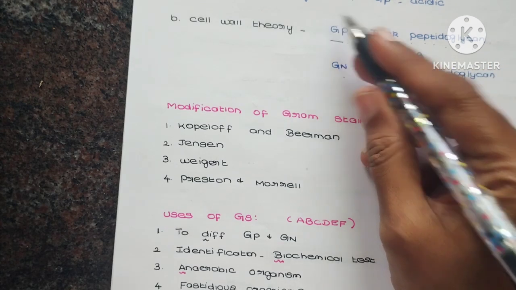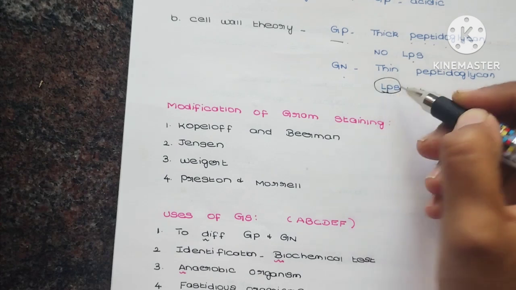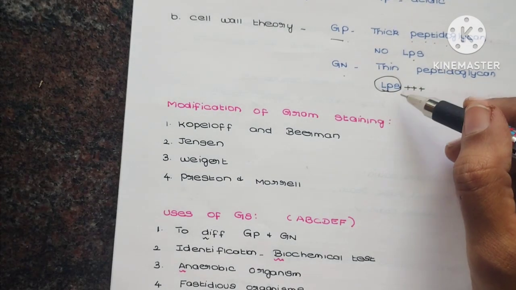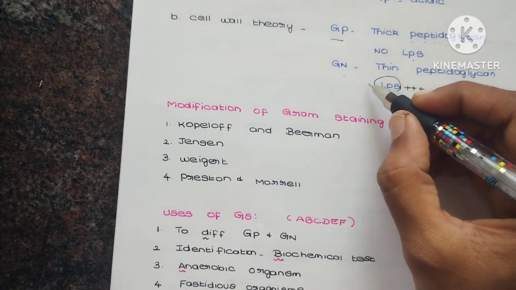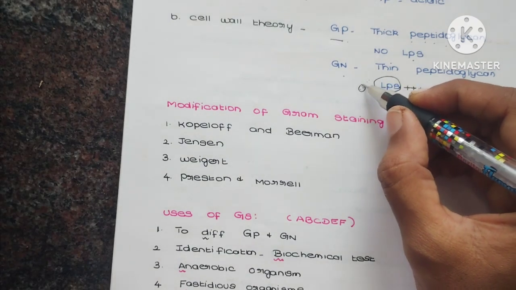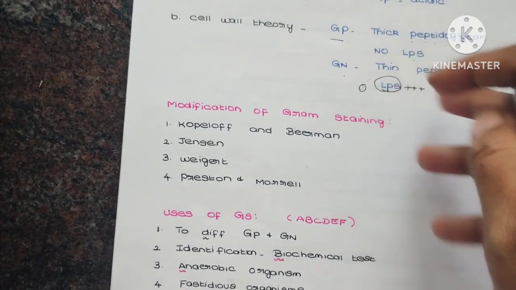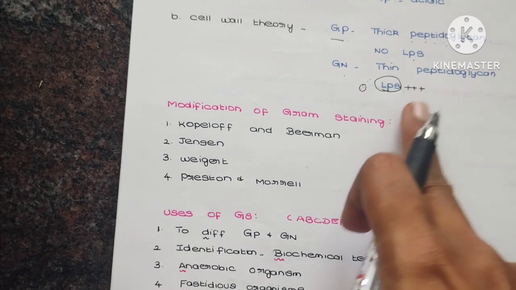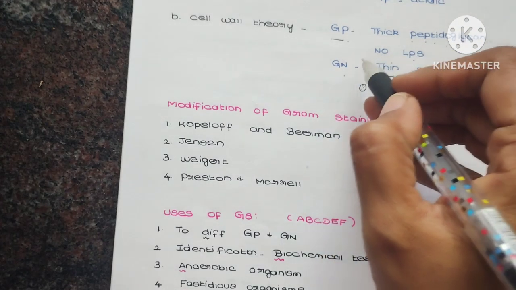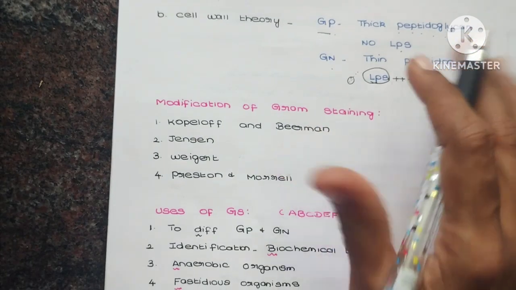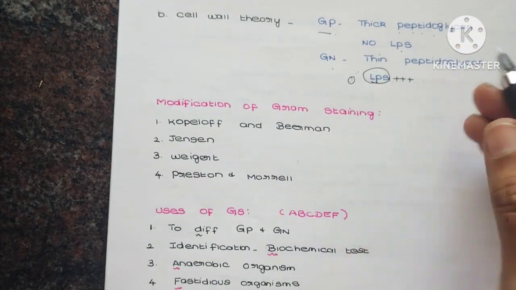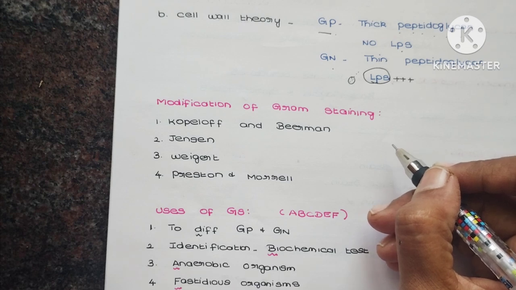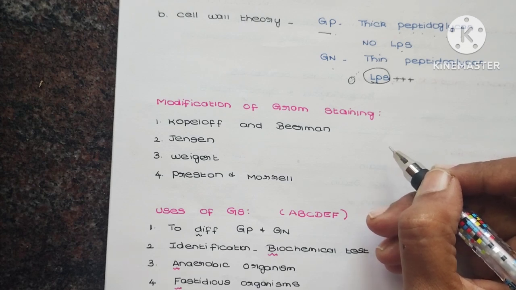Because of this, when acetone is added, this lipid solvent makes the pores in the lipopolysaccharide larger and allows the dye-iodine complex to come out. So at this stage the gram positive will be violet in color, whereas the gram negative will be colorless.